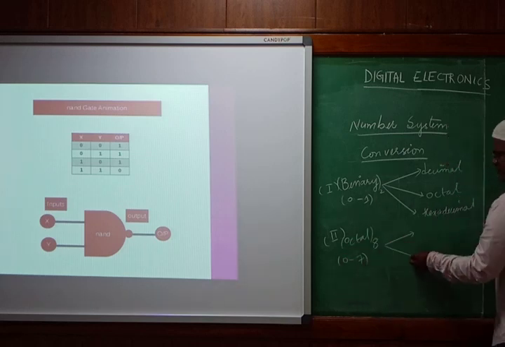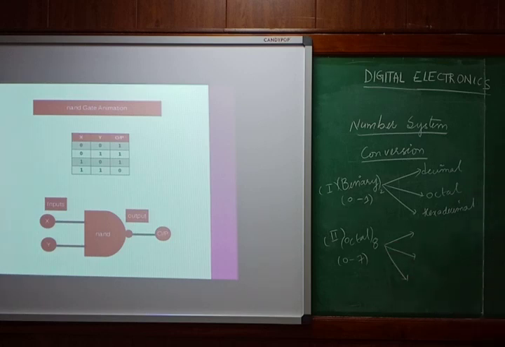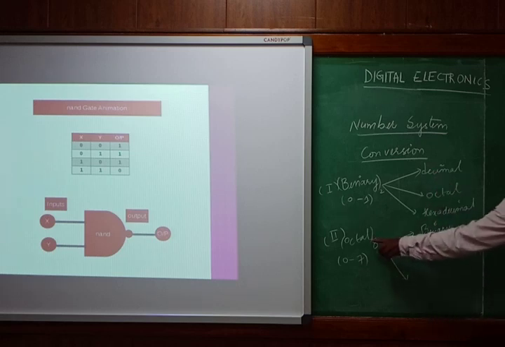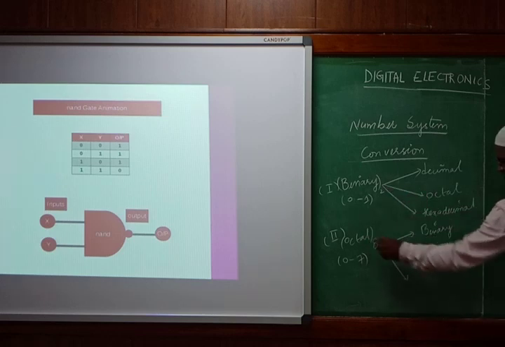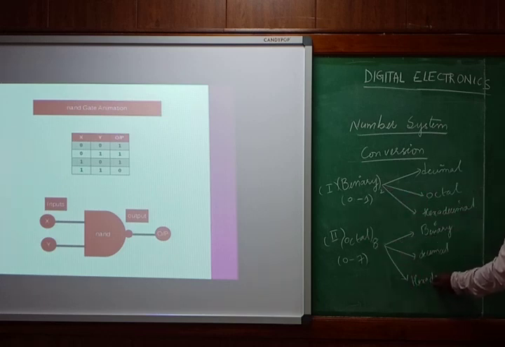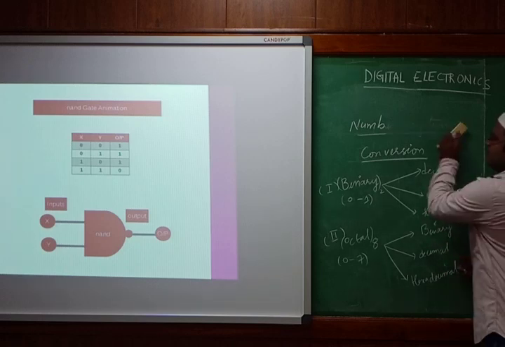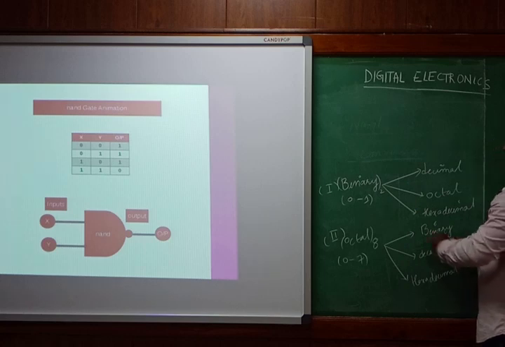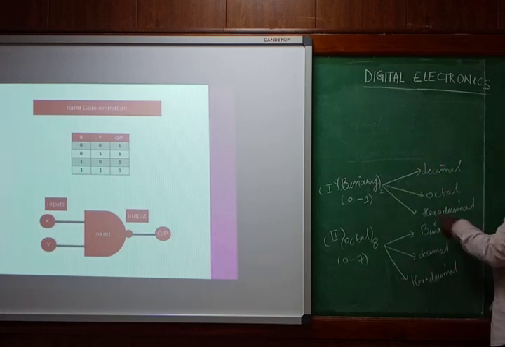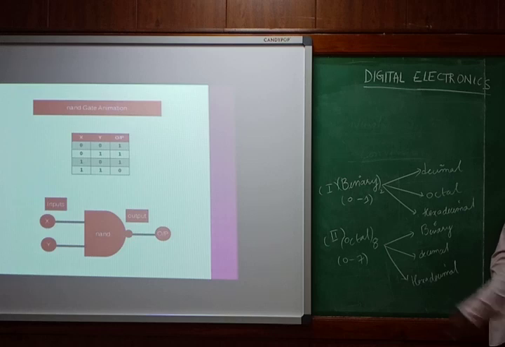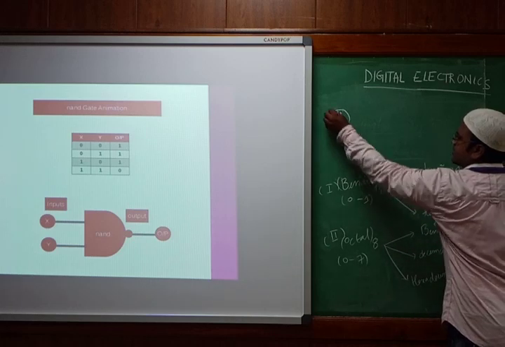So how do I convert it into all three formats? That means if I have octal, how do I convert it into binary form? Next, since it is octal, conversion of octal to decimal. Next, conversion of octal to hexadecimal. So we have taken the binary number system and convert it into all these formats, and the octal number system into all these formats. The third category is hexadecimal.